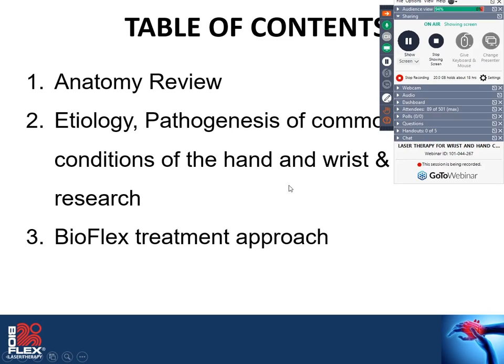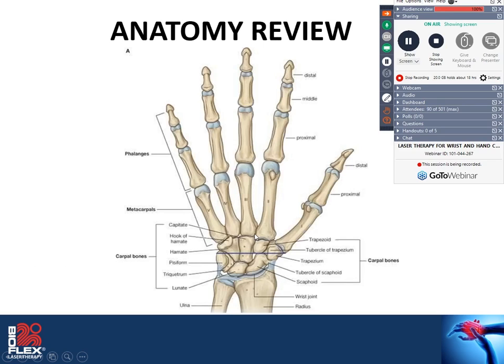And then I'll talk a bit about, obviously, how we use BioFlex laser therapy to treat these conditions. Many of you out there have our equipment. Some of you do not, and some maybe are interested. So we'll talk a bit about that as well. And then at the very end, we'll have some time for questions and answers to finish off.